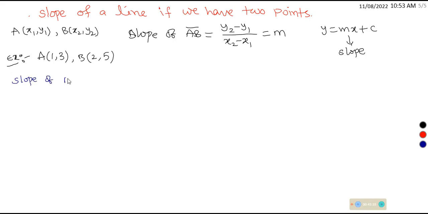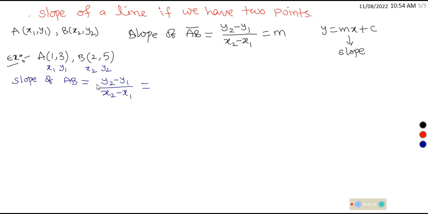Take this as x1 and y1, here x2 y2, then the slope is y2 minus y1 by x2 minus x1 formula. So, better to write the formula for each and every problem. Wherever you are using that formula, definitely write the formula there. Then you will get clarity on that formula and clarity on how to use that formula.